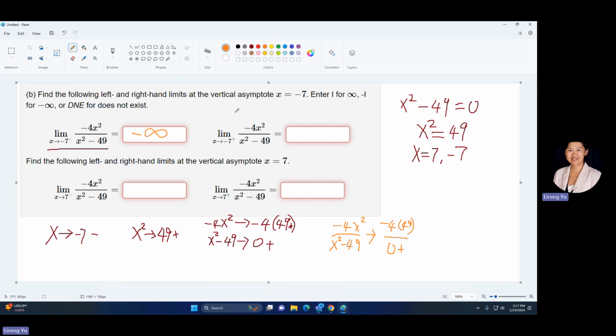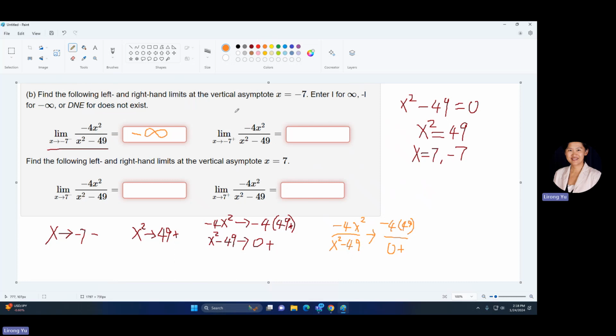So it will be bigger than -7, but it's negative, so the absolute value of x will be smaller than 7. So x squared will be approaching 49, but smaller than 49, less than 49 by a little bit. So x squared minus 49 is approaching 0 from the negative side.